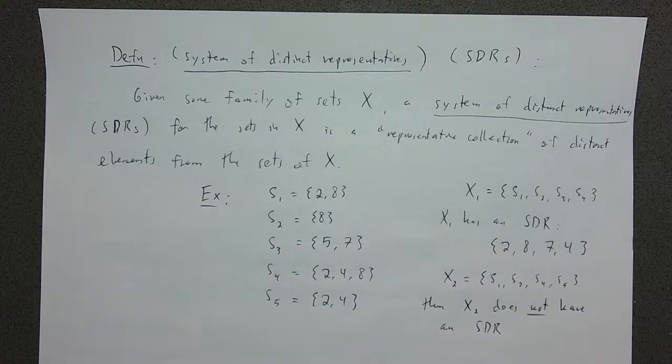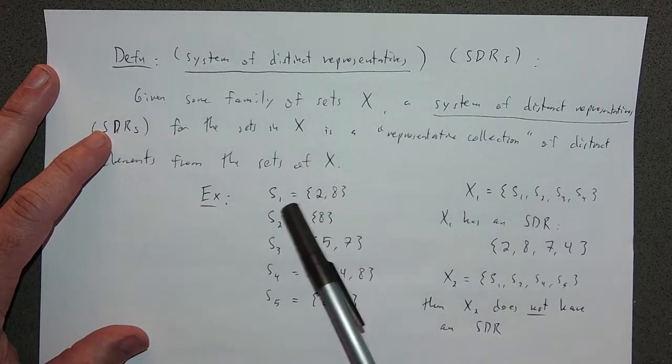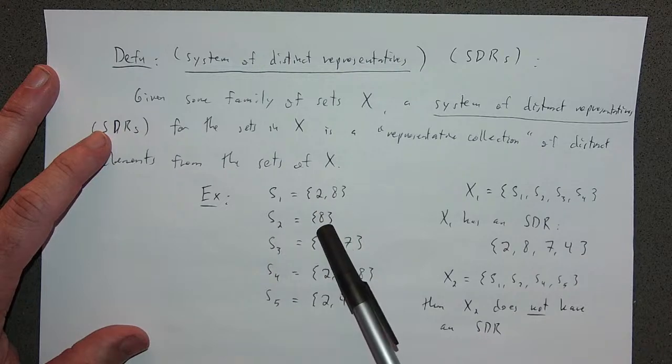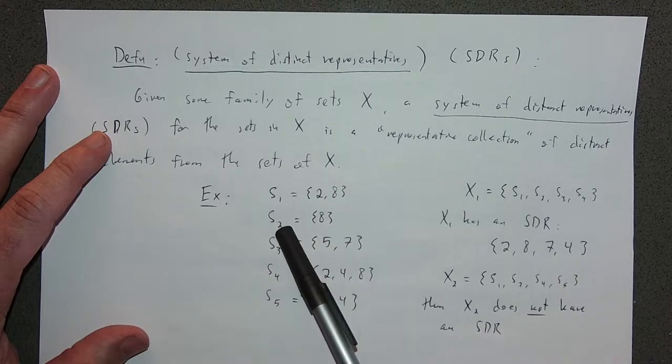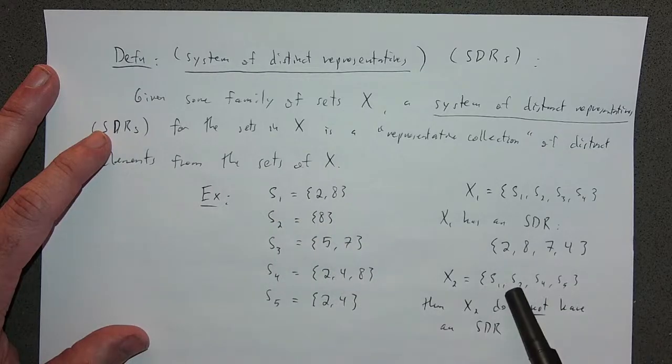Okay. So why not? Well, let's try. So S1 and S2. Clearly, in S2 I only have the choice of 8. So 8 has to be the representative for S2. If 8 is the representative for S2, I have to pick 2 for S1. So 2 and 8, all right.